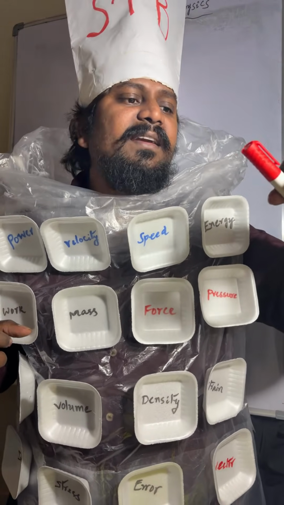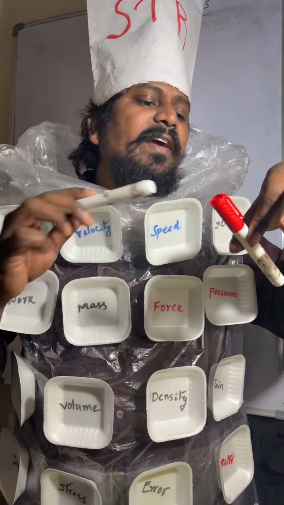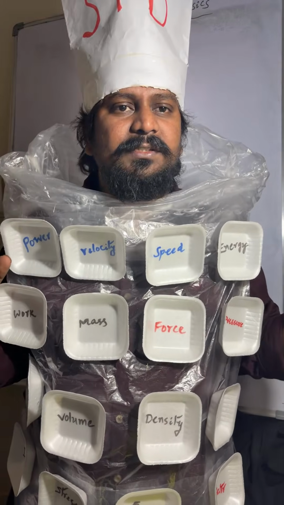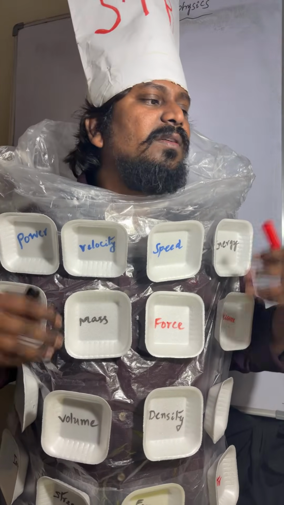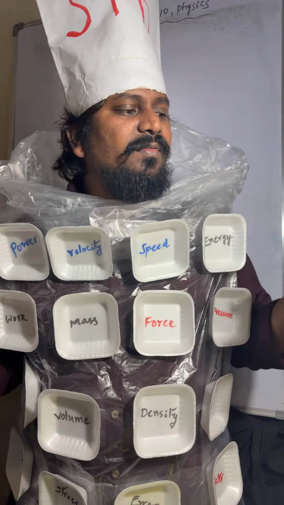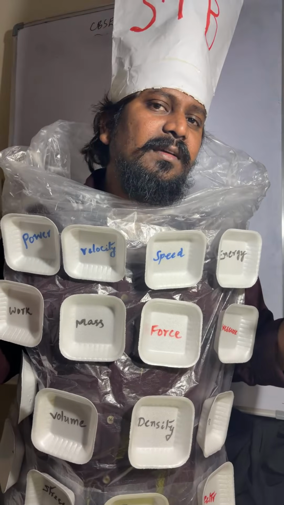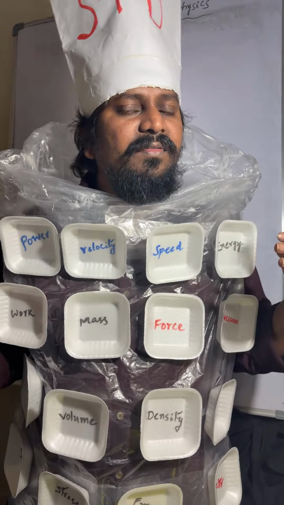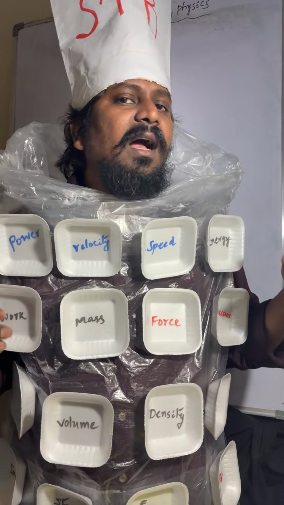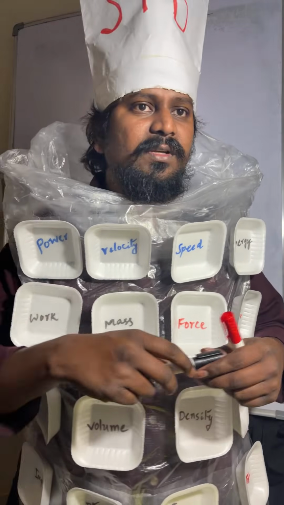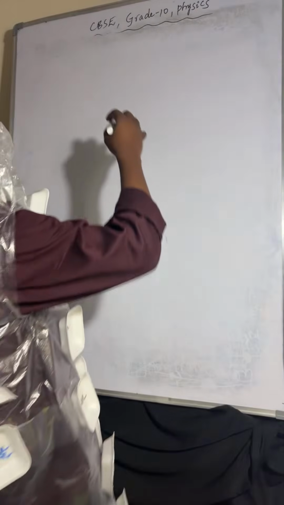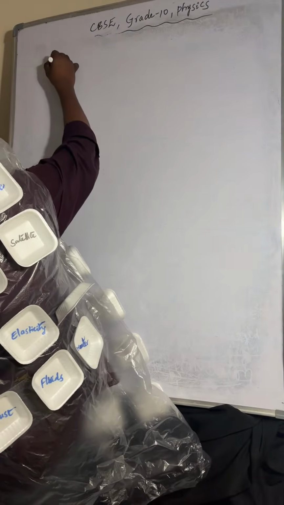Outside of the bar magnet, the magnetic field is from north to south, and inside of the bar magnet it is south to north. Coming to the properties, let's start.